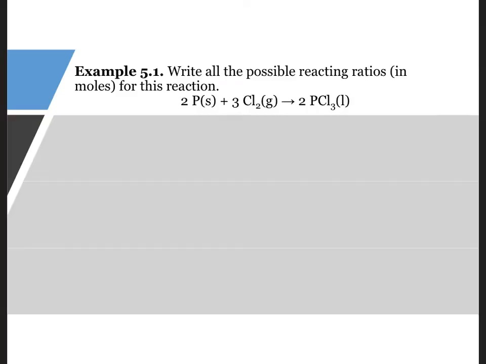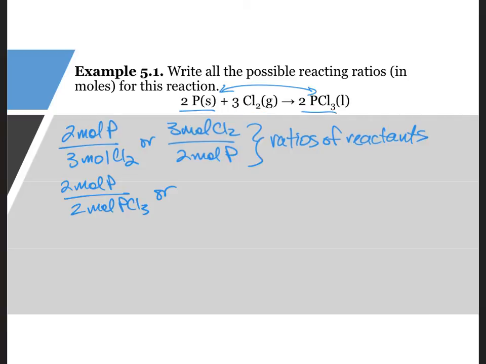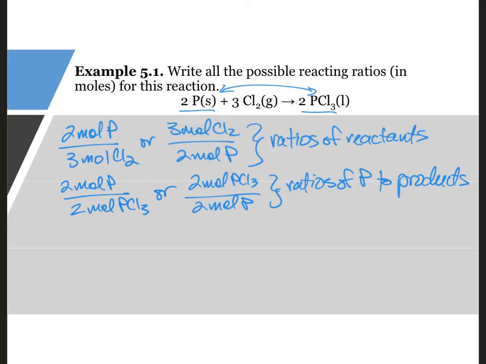For example, we can relate 2 moles phosphorus to 3 moles chlorine, or the reciprocal, 3 moles chlorine to 2 moles phosphorus, to describe the ratios of reactants. We can also relate moles of phosphorus to moles of product, 2 moles phosphorus per 2 moles PCl3, or 2 moles phosphorus trichloride to 2 moles of phosphorus.